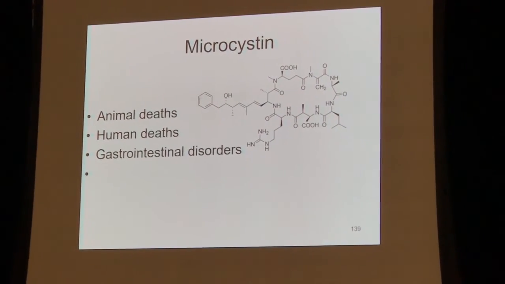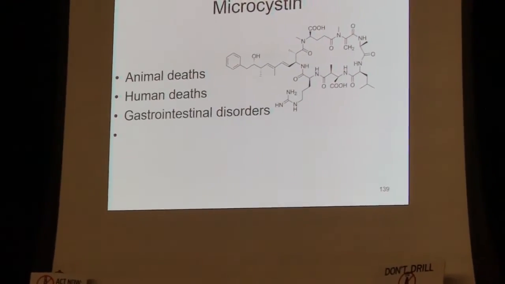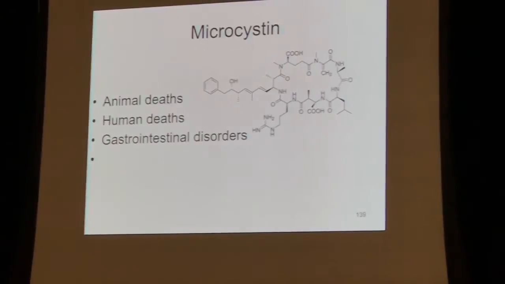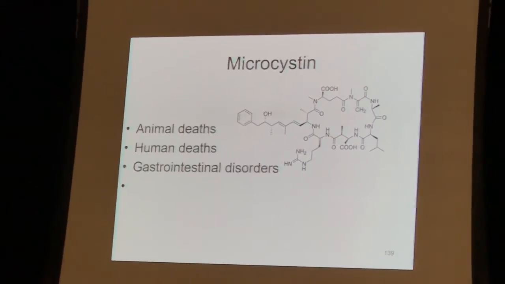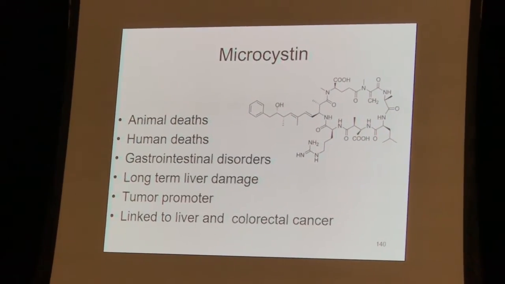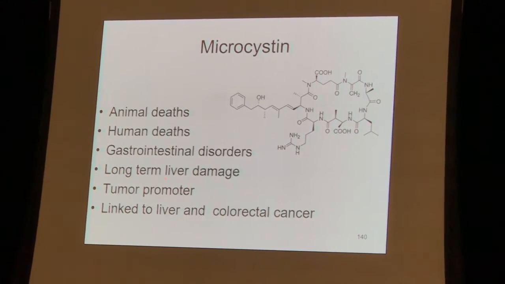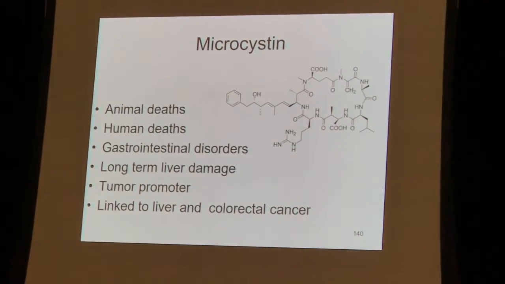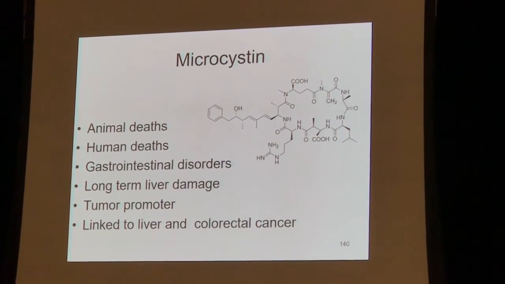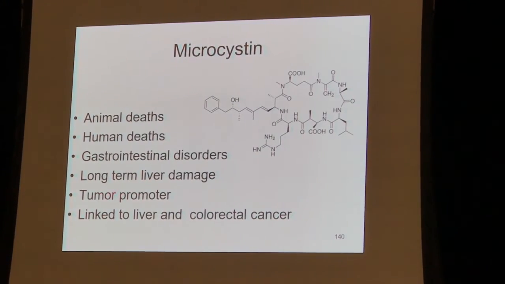So a bunch of humans or animals get affected at the same time very quickly, and you can track it back. But once people started looking into what microcystin actually does to you at a biochemical level, we discovered it can also lead to long-term liver damage, it's a tumor promoter, and can lead to things like liver cancer. Now think for a second, suppose this toxin only led to cancer.